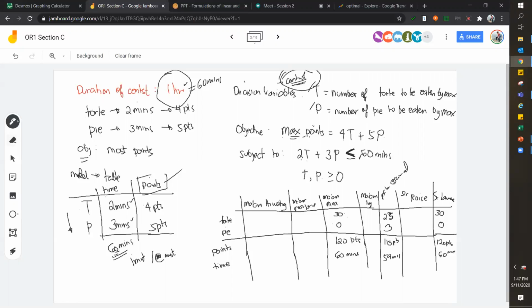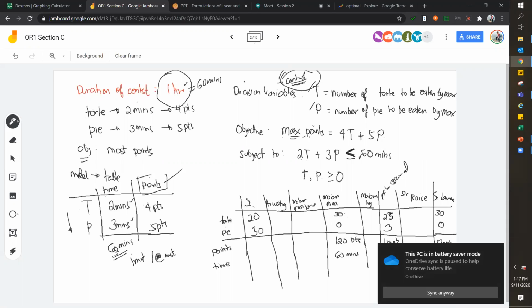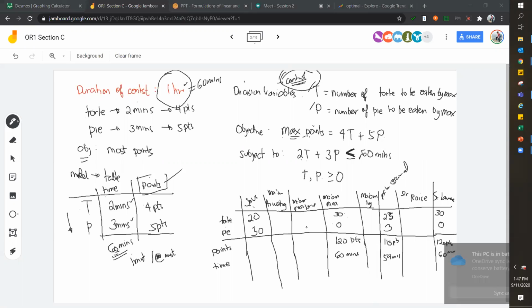Yung iba po? Sige, ako magta-try din ako. Gusto ko kumain siya ng 20 nito, tapos 30 nito, kasi nanghula lang ako. Then, kung ganyan yung aking guess, 20 times 4 is 80, plus 150.